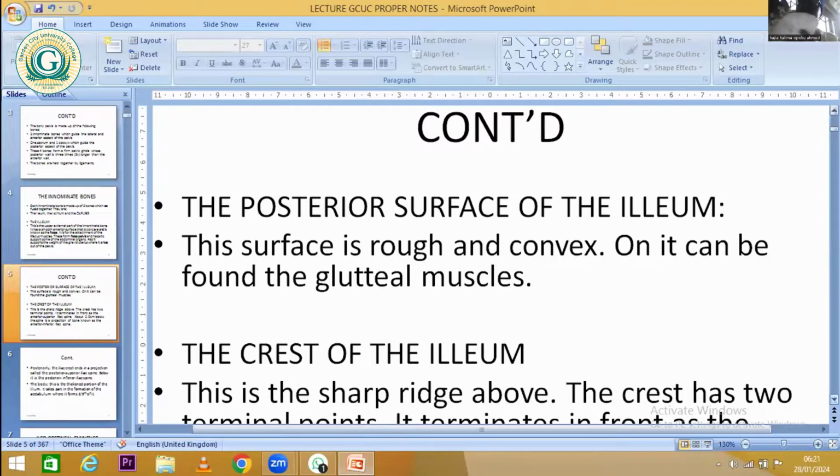Posteriorly, the bone terminates to form the posterior superior iliac spine, and about 2.5 centimeters below it is the posterior inferior iliac spine. This posterior superior iliac spine marks the dimple behind every woman. When you stand in a mirror, you can see two dimples. That marks the end of the posterior superior iliac spine.